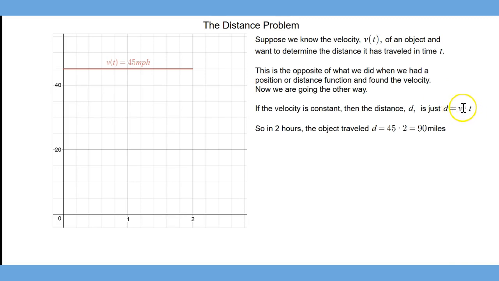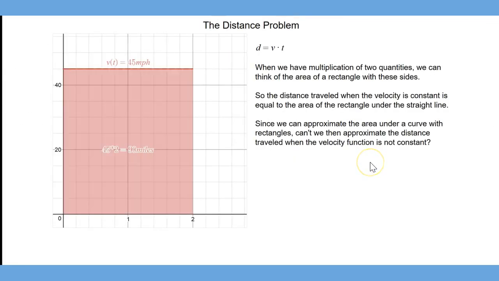And when you have a multiplication like this, you want to think of two quantities. You want to think in terms of the area of a rectangle. So if my velocity straight line is here, the area of this rectangle under the velocity graph is equal to the distance that has been traveled.